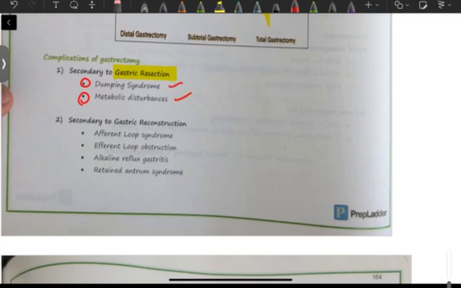And because of reconstruction, that is we are either doing gastroduodenostomy, correct, meaning connecting to the duodenum, or gastrojejunostomy.